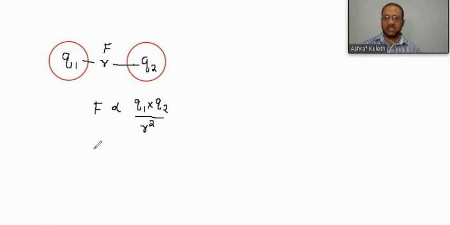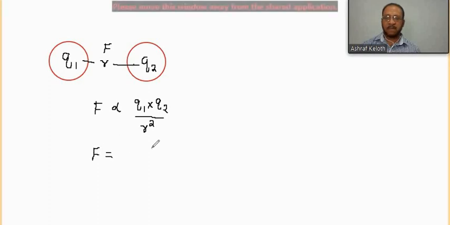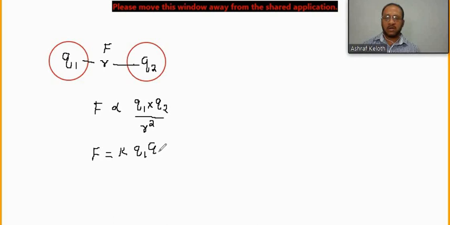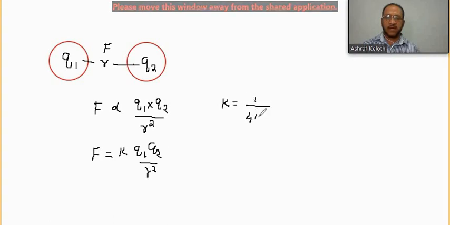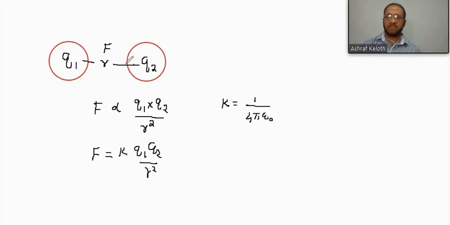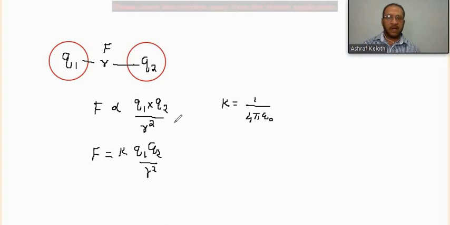When we convert this proportionality into an equation, F is equal to a constant of proportionality, k, into q1 q2 divided by r square. The value of this proportionality constant is k equal to 1 by 4 pi epsilon naught, if the two charges are placed in vacuum or air.